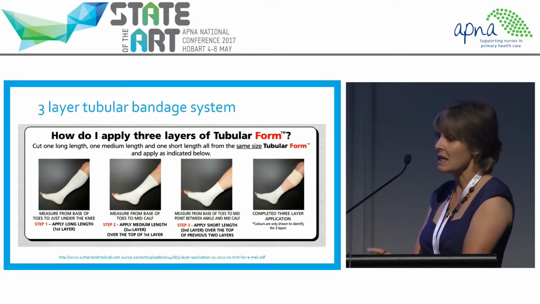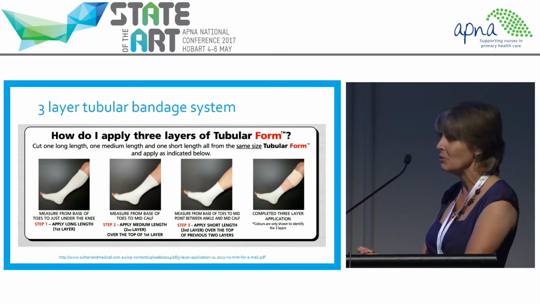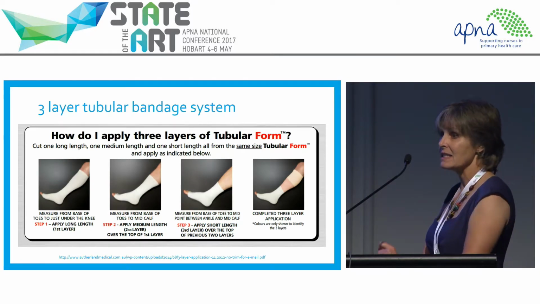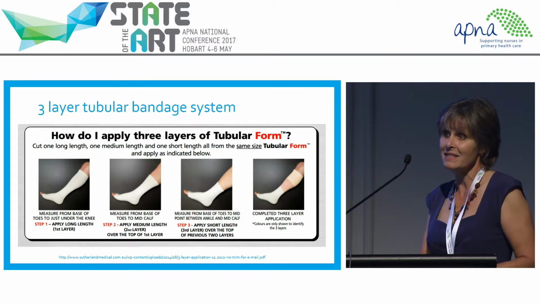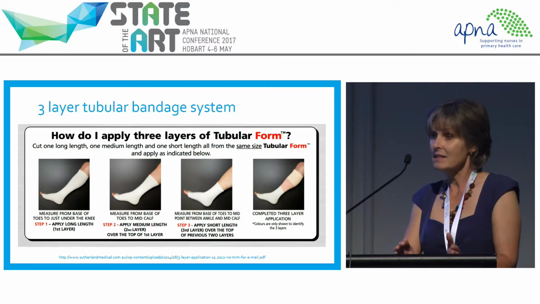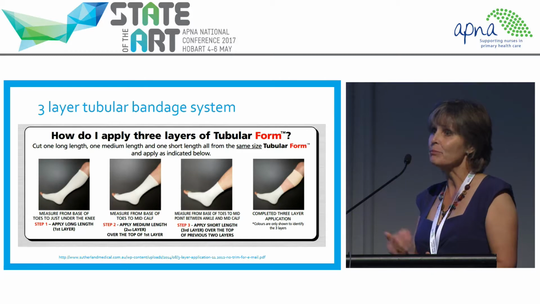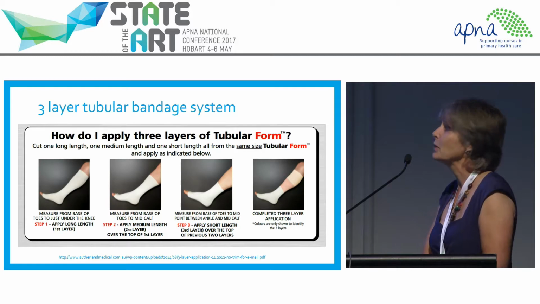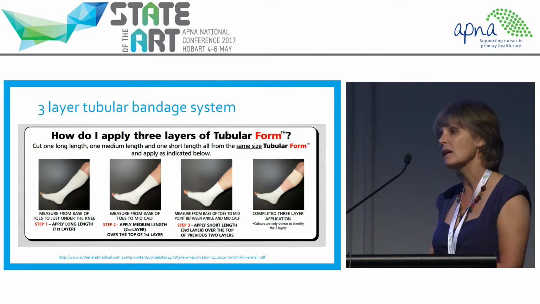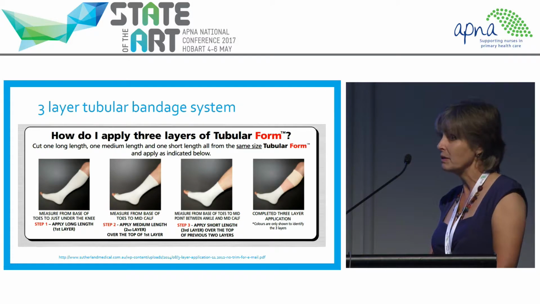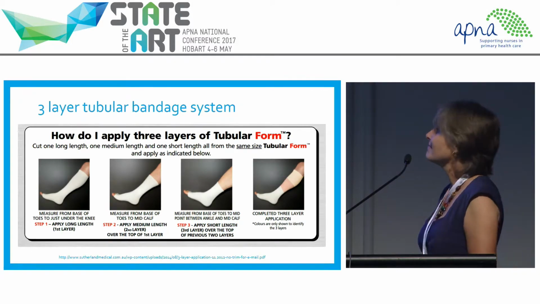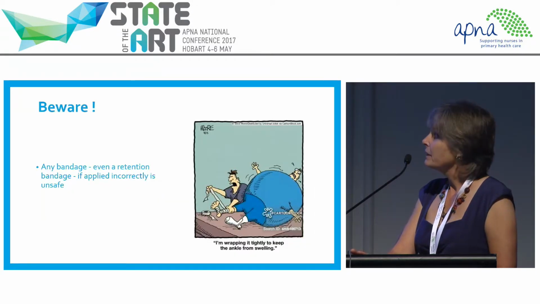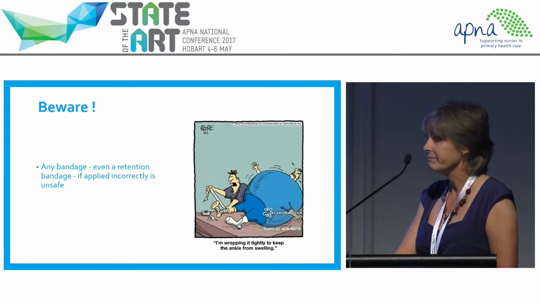If somebody is absolutely adamant they're not having compression, we might start off with 1 layer, or we might give them 3 layers, already cut to size, so wear this for a week, then after a week put the second layer on, and then on the 3rd week put the 3rd layer on. It is something that they have some control over, so it does work well for a lot of people. Not everybody, of course. But of course, any bandage can cause problems.